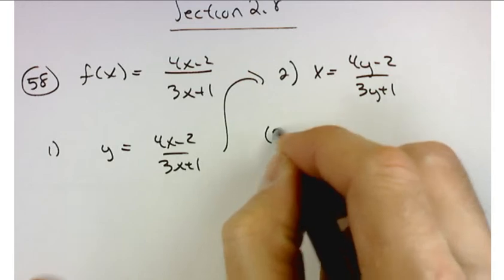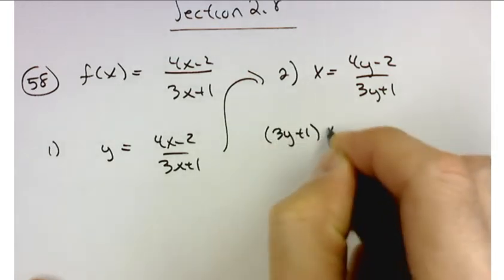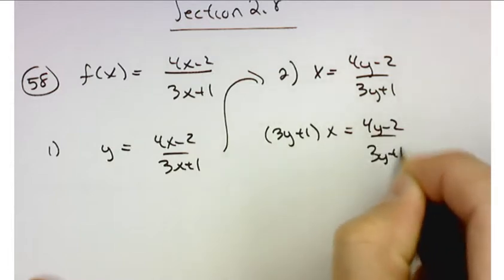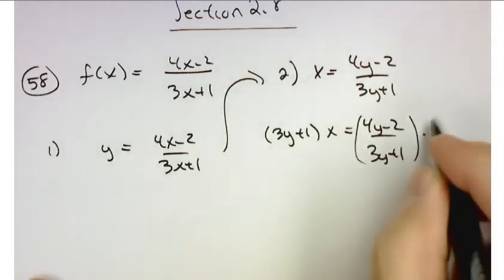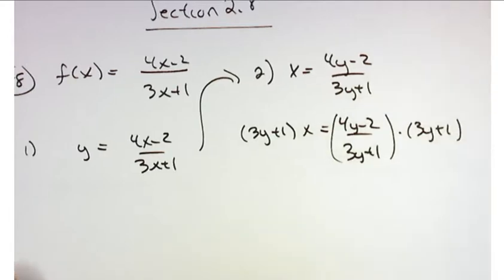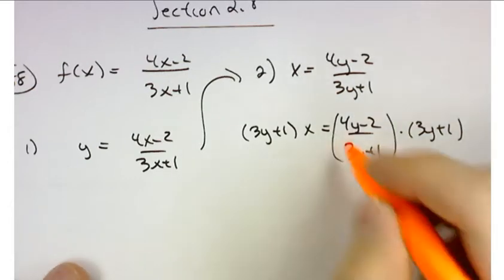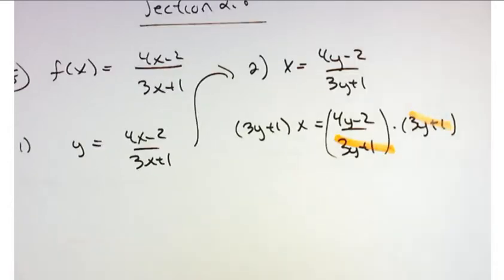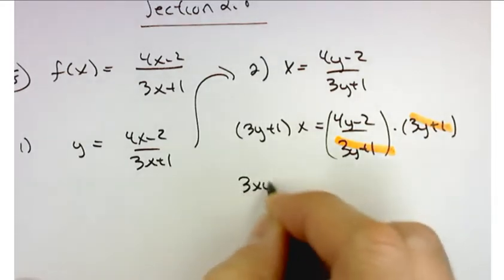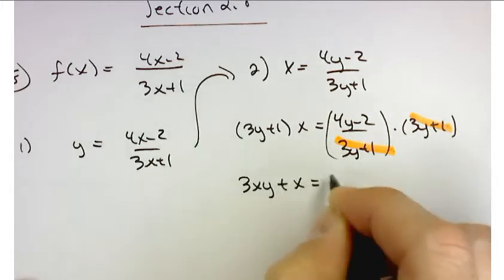I'll get 3y plus 1 times x equals 4y minus 2 over 3y plus 1 times 3y plus 1. The nice thing is that on the right-hand side, we're going to get some good cancellation. So that disappears. On the left-hand side, let me distribute the x.